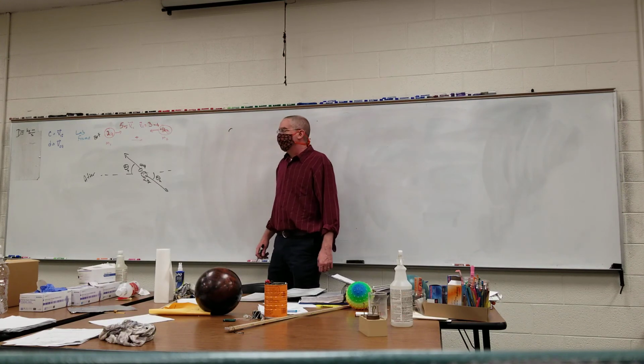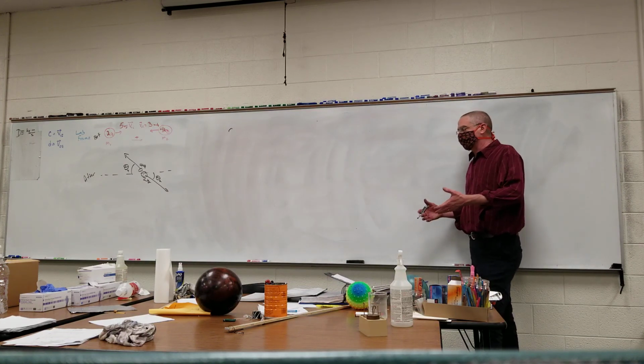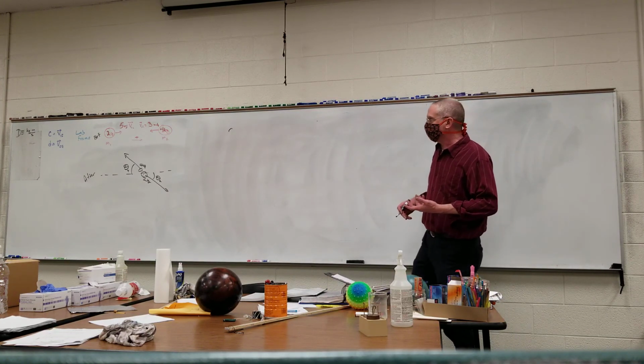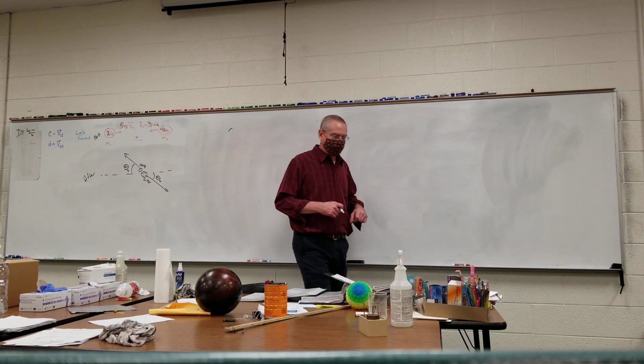All right. Regardless of whether kinetic energy is conserved or not, and I typically throw that in there, we do have 2 equations that we can pull out of this.